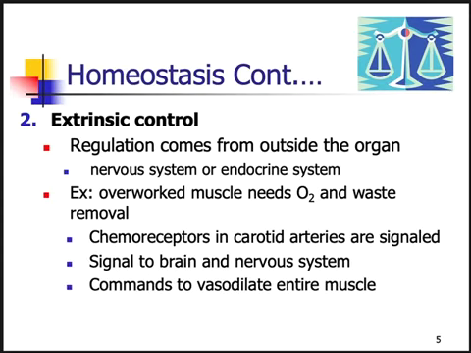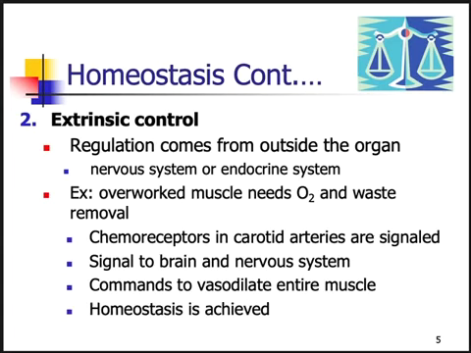They will do that by commanding the entire muscle to vasodilate. Instead of just the immediate nearby vessels, now the entire muscle is going to get more blood. Okay, and then that will help to restore homeostasis.